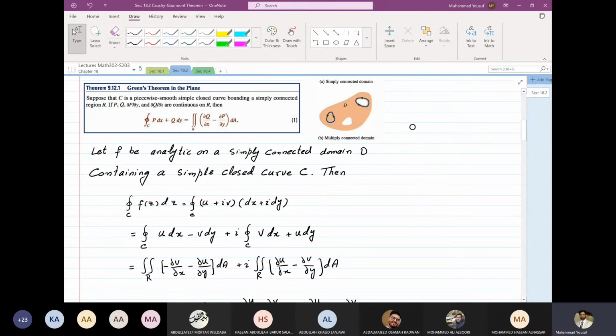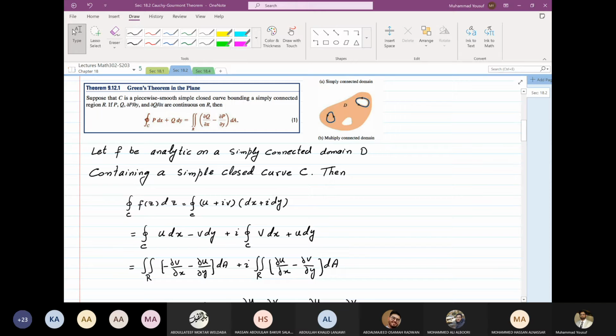So what is Green's theorem? Suppose that C is a piecewise smooth simple closed curve bounding a simply connected region R. That is, C is the boundary of a simply connected region which has the name capital R. So R is a simply connected domain and C is a simple closed curve.